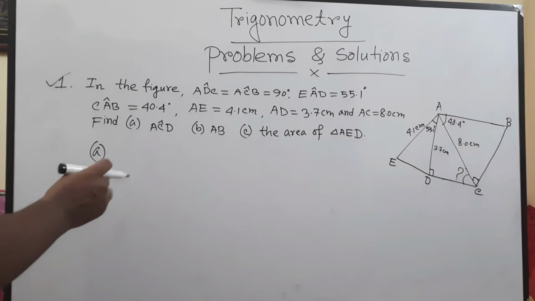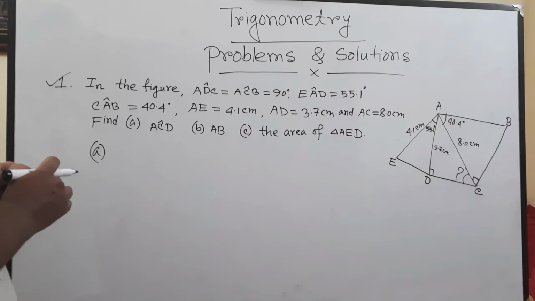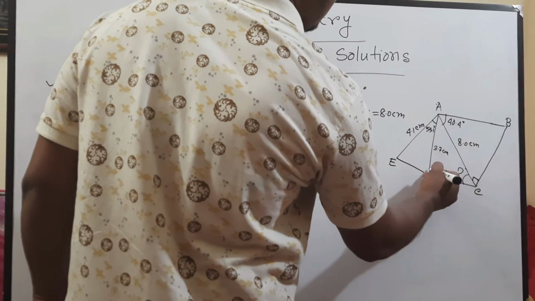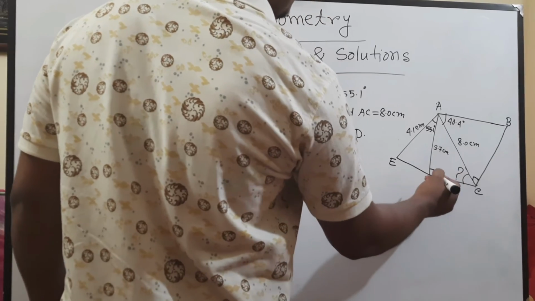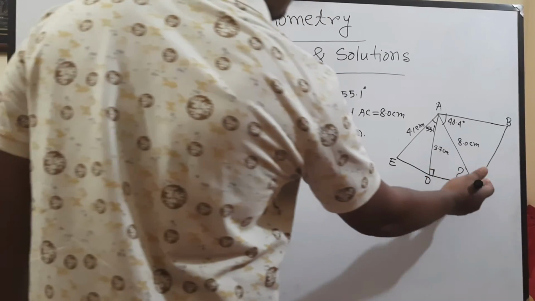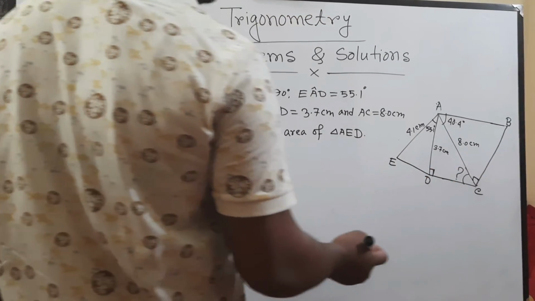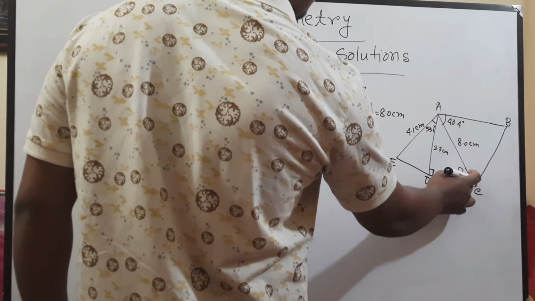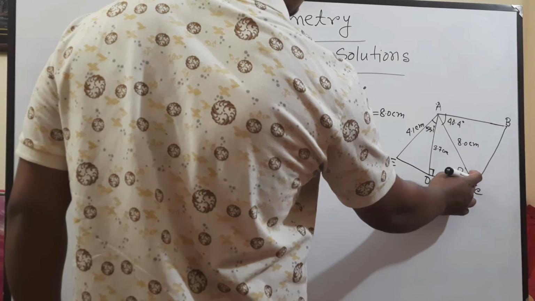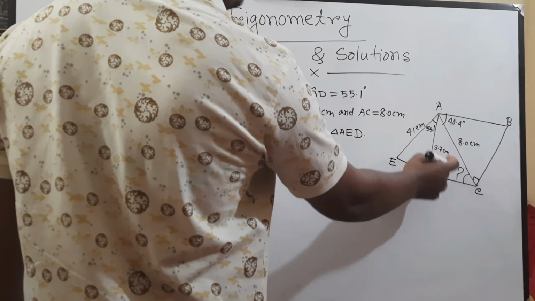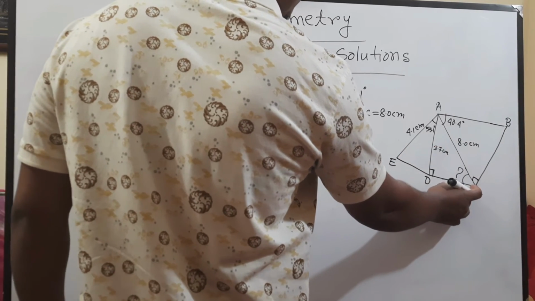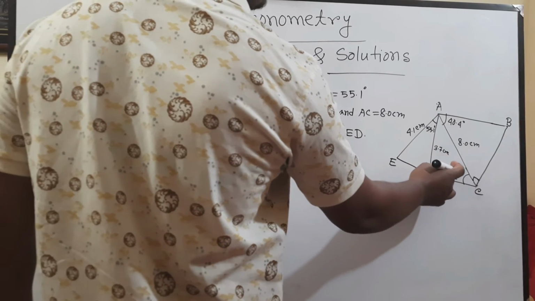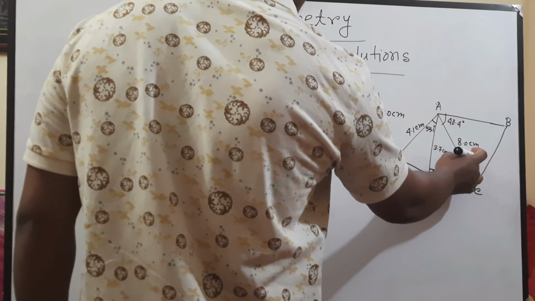So if you look at the triangle ACD, it's a right angle triangle. So in right angle triangle we need to find the angle C. So always keep in mind, if the angle is defined, the opposite side of this angle is called opposite and the base side is called adjacent, and always the opposite side of the right angle is called hypotenuse.